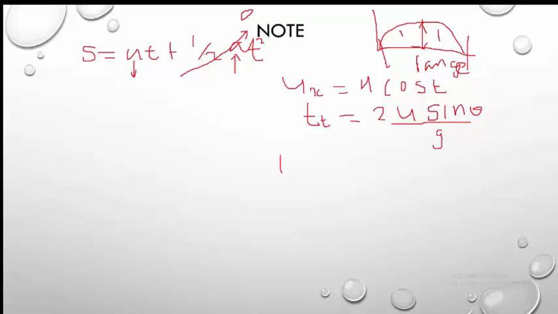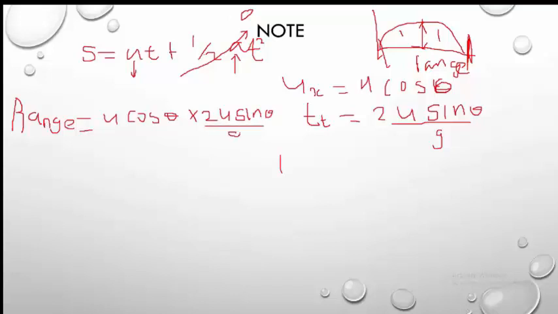So my range will now be equal to, what is my ux? That is u cos theta. This is theta, not t, cos theta. Then times t, the total time, because the range covers the total time of the flight. Then times 2u sin theta over g.